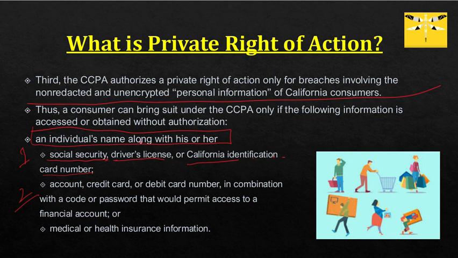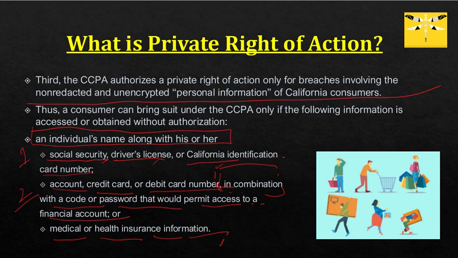That is, an individual's name along with social security, driver's license, or California identification card number; an individual's name along with account, credit card, or debit card number in combination with a code or a password that would permit access to financial accounts; and thirdly, an individual's name along with his or her medical or health insurance information.